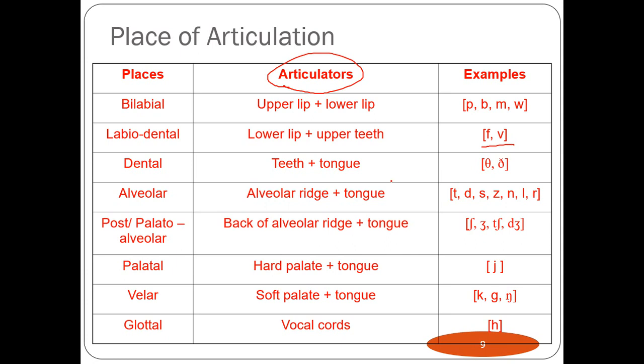Then we have dental sounds, that's the combination of tongue and teeth. And we have two sounds in English, th and th, one is voiceless and another is voiced. Whenever we have a pair, just like this is a pair here, p and b, the first one is voiceless and the second one is voiced.